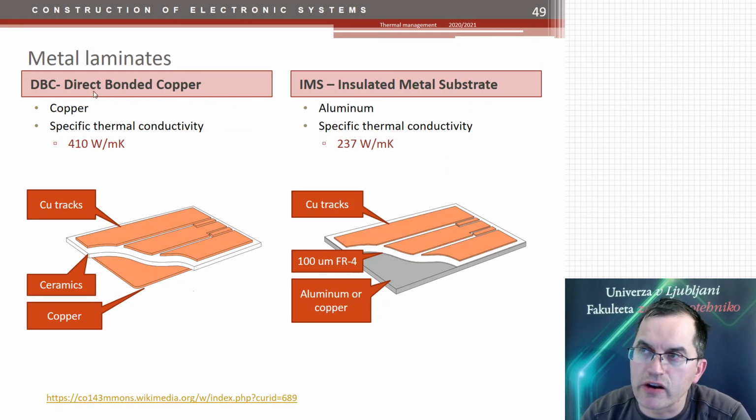While in the direct bonded copper, we usually have copper, and it is a ceramic that acts as an insulation layer between the tracks and the copper clad. Now, this copper has higher thermal conductivity than aluminum, but it's much more expensive.